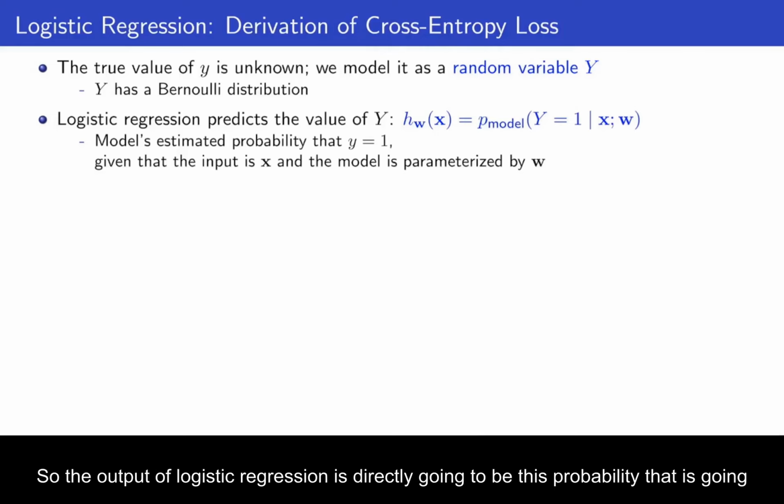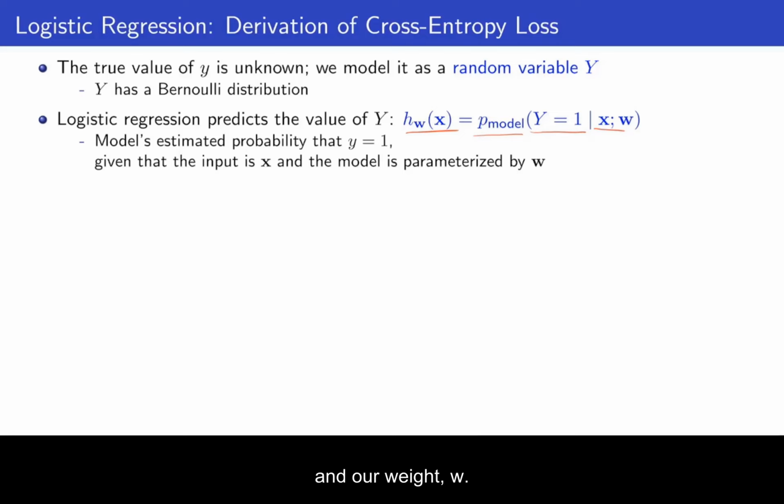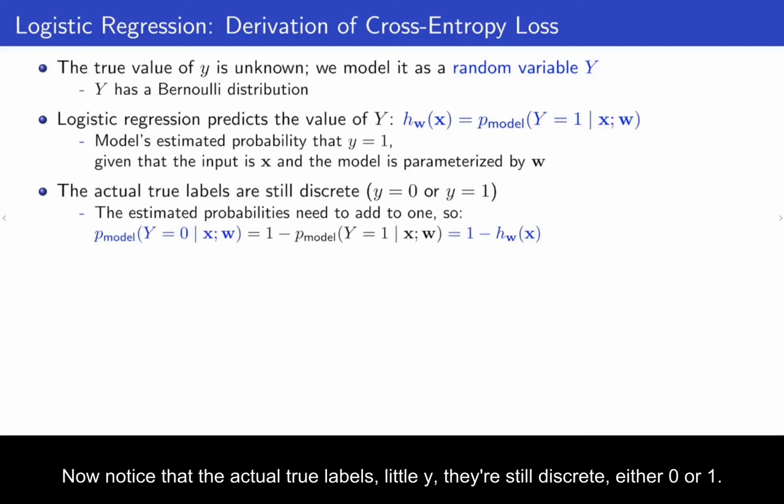So the output of logistic regression is directly going to be this probability, the model's estimate that this Bernoulli variable is 1, given our input x and our weights w. Now notice that the actual true labels, little y, are still discrete, either 0 or 1.